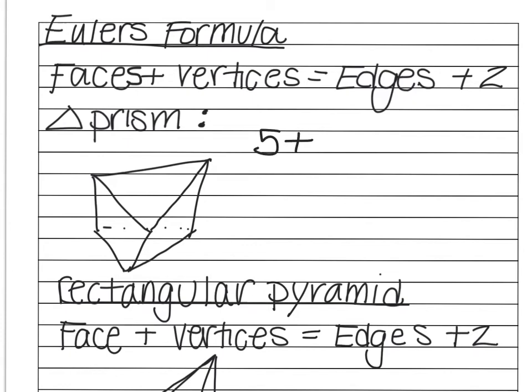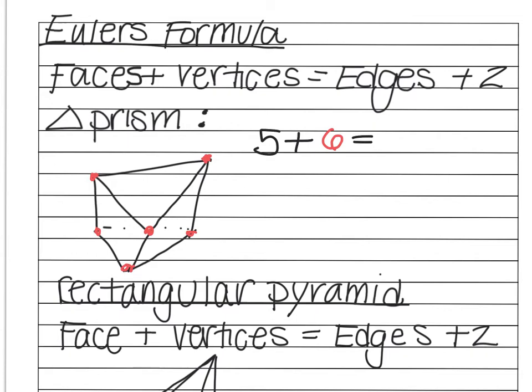So let's look at the vertices here. You have one here. This is where they come together. Here, here, here, here, and here. So if you count those, I got 1, 2, 3, 4, 5, 6 dots. So I'm going to have plus 6.